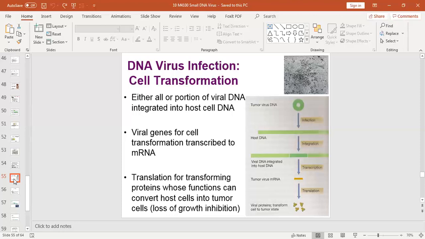And loss of growth inhibition is, in some instances, defined as cancer.